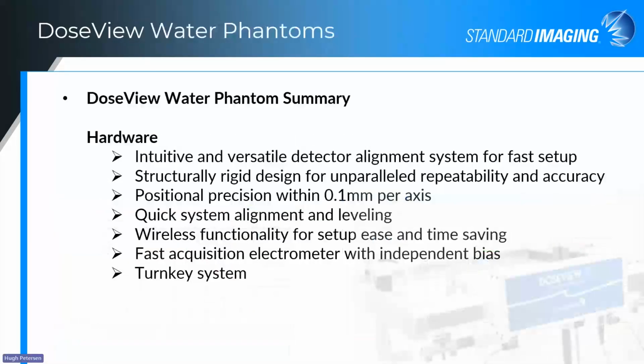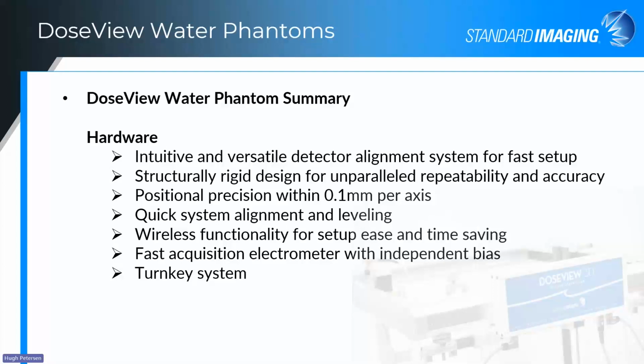So basically, a quick summary going through this again: a very intuitive and versatile detector alignment system for a fast setup. It's a very structurally rigid design for very good repeatability and accuracy. Everything is precise down to that 0.1 millimeter per axis accuracy, and we do that in-house.